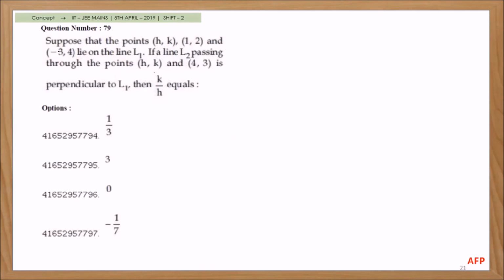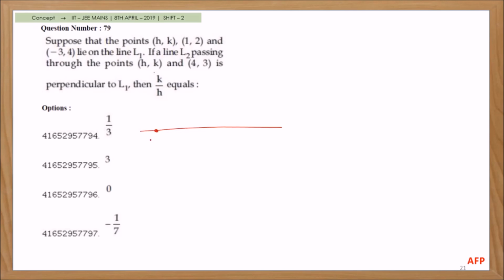Next problem. Suppose the points (h, k), (1, 2) and (-3, 4) lie on line L1, and line L2 passes through the points (h, k) and (4, 3) and is perpendicular to L1, then k by h is equal to? We'll draw the straight line.